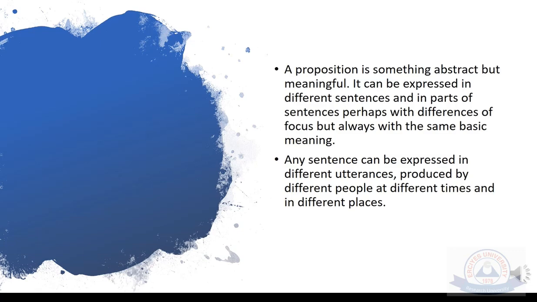So it can be expressed in different sentences and in parts of a sentence or sentences, perhaps with differences of focus, but always with the same basic meaning. We will see more examples in the following slides. Any sentence can be expressed in different utterances, produced by different people at different times and in different places. So the second item here is more related to the nature of human language actually.